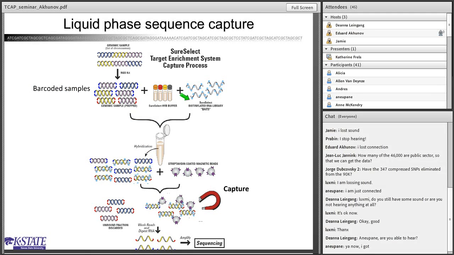Then you hybridize your genomic libraries with the biotinylated RNA baits. Since these baits are biotinylated, you may then use streptavidin-coated magnetic beads to pull down your targets, and after that sequence your sample.